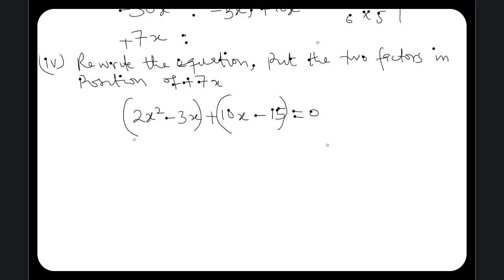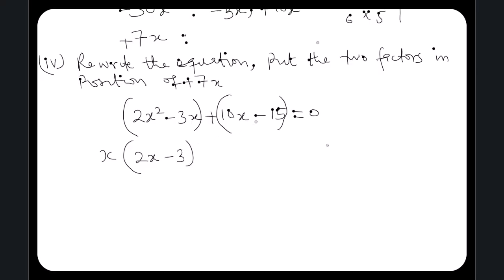For the first bracket, what is common here? Sorry, it's not 2x, it should be x only. Take it out. When x goes out, this one becomes 2x minus, and this one remains 3.